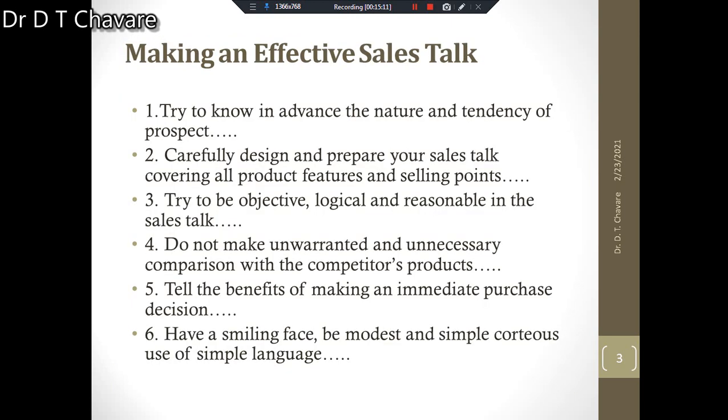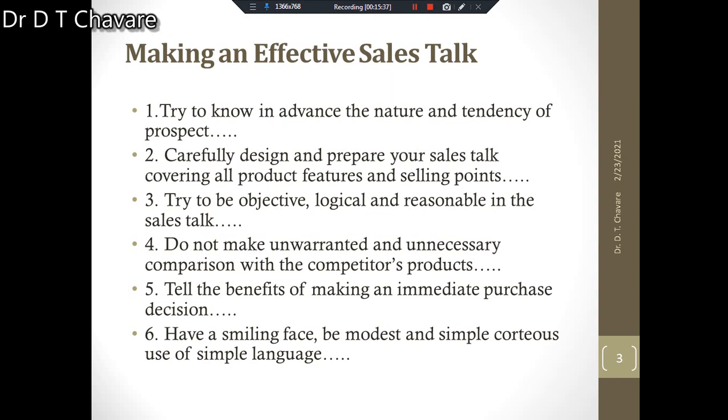Now, making an effective sales talk. Try to understand what type of efforts you should make. In the personal selling process, a sales talk plays a crucial role. Personal selling demands direct, person to person, face to face interaction and communication.